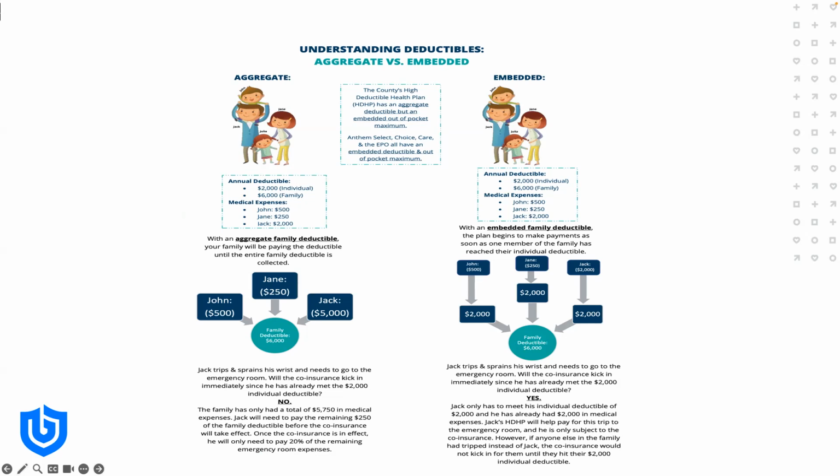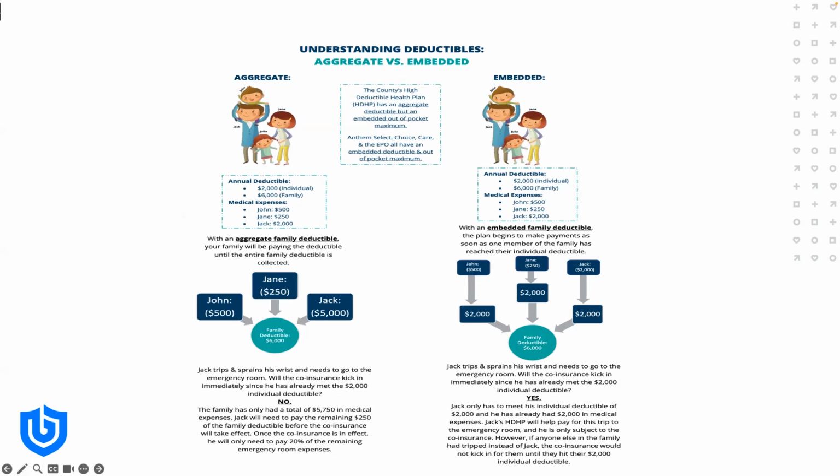With a non-embedded deductible, the individual deductible limit can only be met by a member enrolled in a self-only coverage plan with no dependents. The family deductible can also be met by one family member.